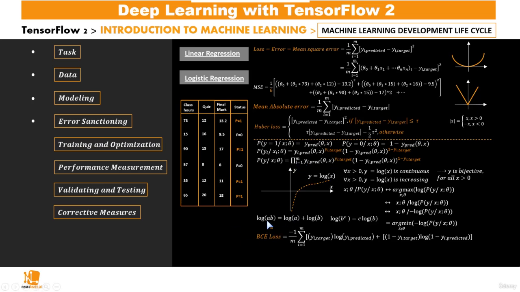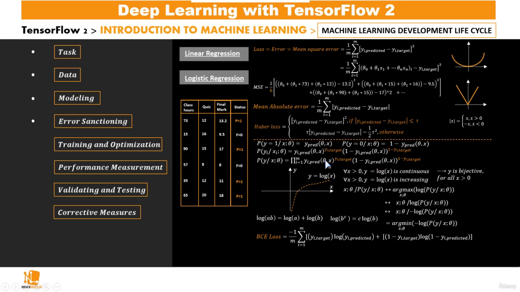So just like in this case, where we had the log of ab, which is the sum of the log of a and the log of b, we have log a plus log b. In this case, we have the sum of the log of this. We have yi pred to the power of yi target like a, and then 1 minus yi pred to the power of 1 minus yi target like b.